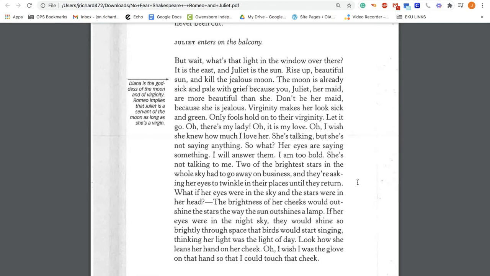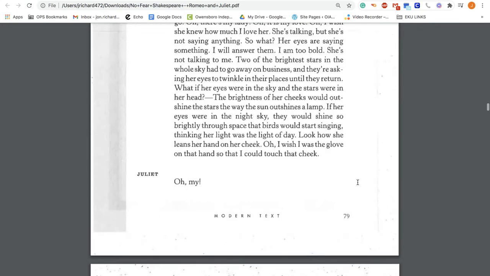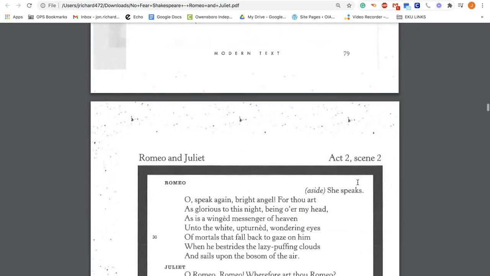The brightness of her cheeks would outshine the stars the way the sun outshines a lamp. If her eyes were in the night sky, they would shine so brightly through space that birds would start singing, thinking her light was the light of day. Look how she leans her hand on her cheek. Oh, I wish I was the glove on that hand so I could touch that cheek. Oh my.